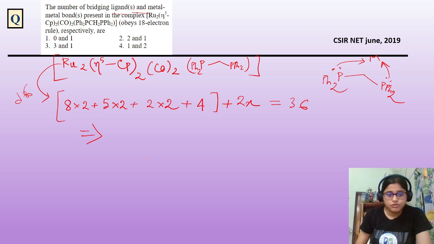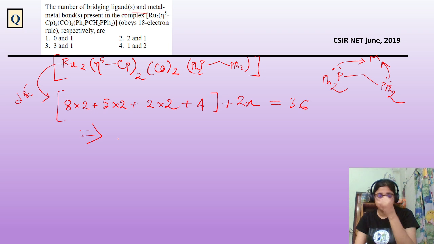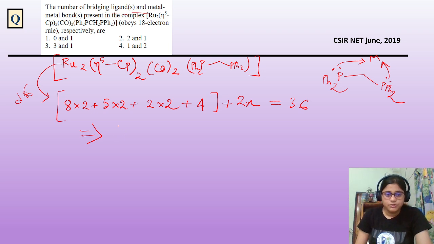Now we don't know the bridging ligands actually. So first we will calculate only the metal-metal bond, because we don't have any idea about that right now. So 16 plus 10 plus 4 plus 2x will be 36.